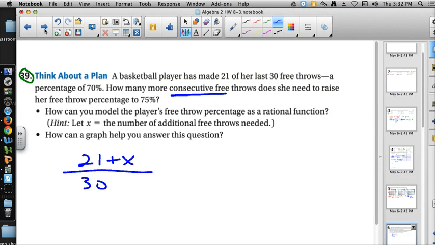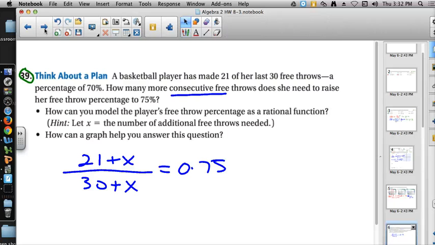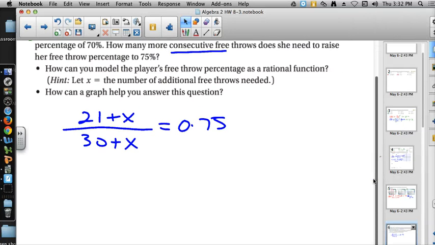But if we're going to add those to the numerator, we also have to add those to the denominator because her total is going to increase as the number of shots that she makes increases. And now we want that to come out to 75%, which would be 0.75. So we could do this one by hand, and quite frankly, I think that's what I'm going to do because I'm tired of the way that the calculator is behaving on the smartboard.